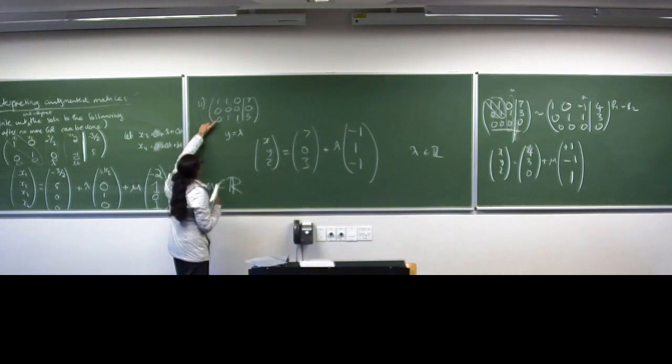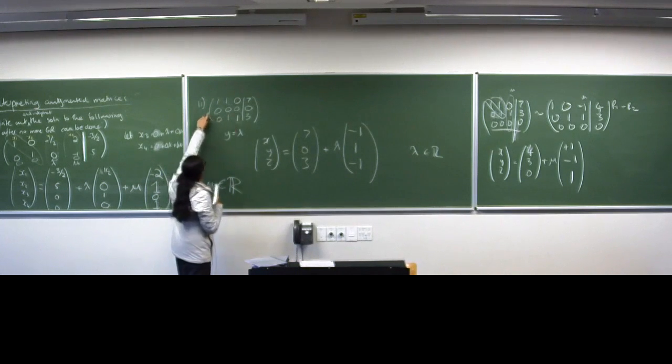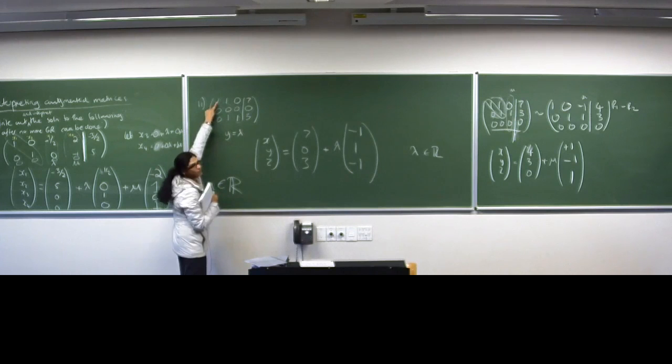If I say I want to keep that as a 1, and I want to make that 0, I can't do anything with this one, because if I do this, this becomes a 1. The middle one?